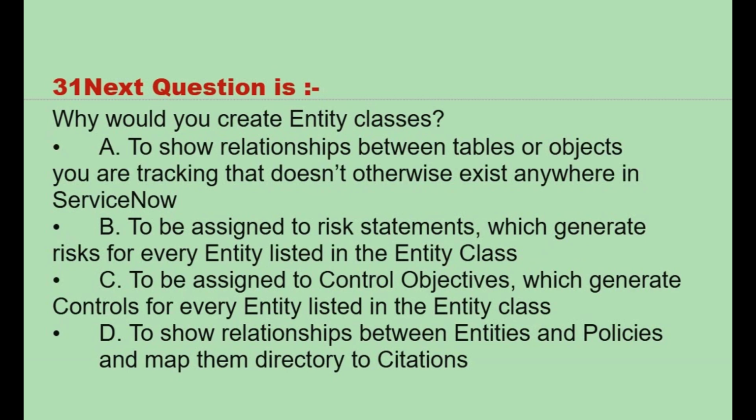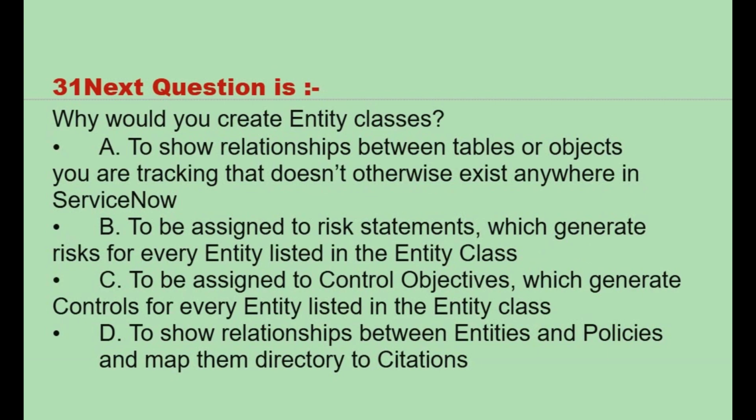Question is, why would you create entity classes? Option A, to show relationships between tables or objects you are tracking that doesn't otherwise exist anywhere in ServiceNow. Option B, to be assigned to risk statements which generate risks for every entity listed in the entity class.